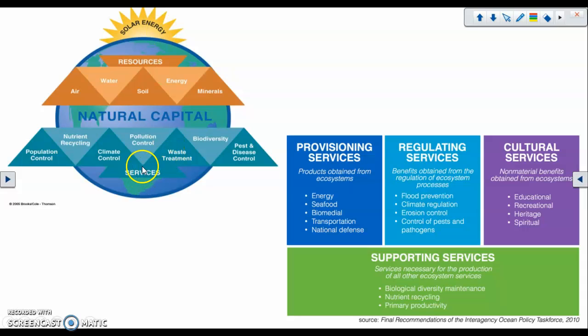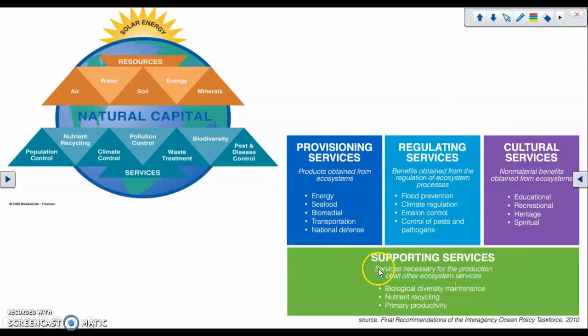We're going to expand a little bit further about these four types of services. This figure tells you the actual effects of those services: population control, climate control, and so forth. But those services can be categorized into four specific services.